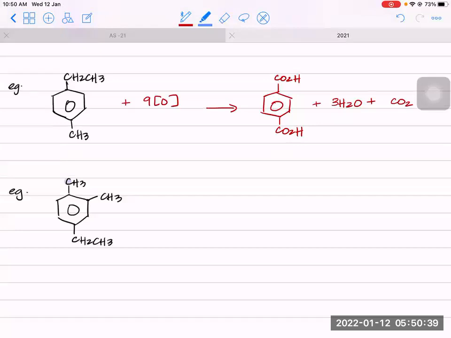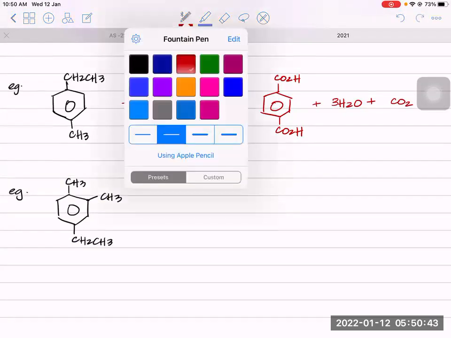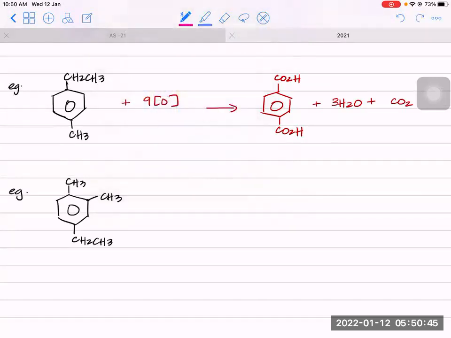Let's see this. You have 1, 2, 3, 4 carbons. Each carbon requires 3 moles of oxidizing agent. So 4 will require 12 moles. Then you make your product. So you have 12 moles of oxidizing agent. And what will be your product? Let's see. So you will have this, which will become CO2H. You have this, which becomes CO2H.